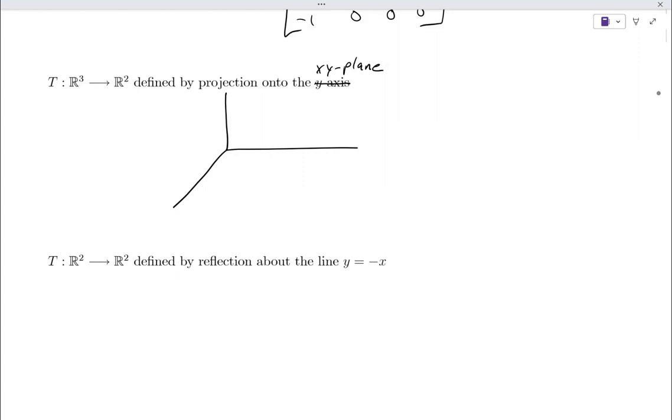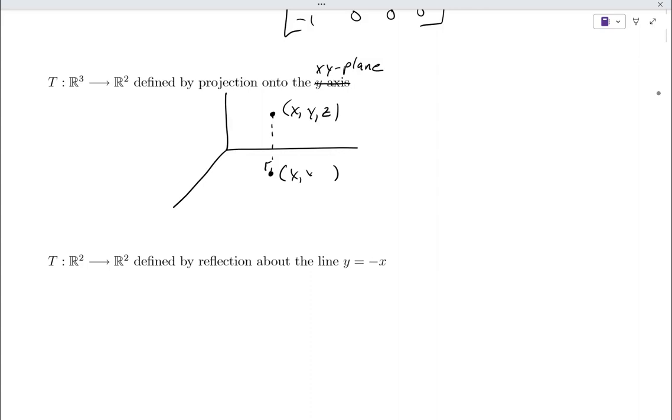All right. So I've got some point up here at x, y, z. Projection onto the xy plane means we're going to come down perpendicularly to the xy plane. If we're going to drop down perpendicularly onto the xy plane, what would the coordinates of that point be?